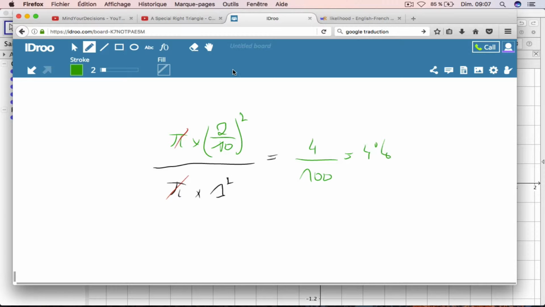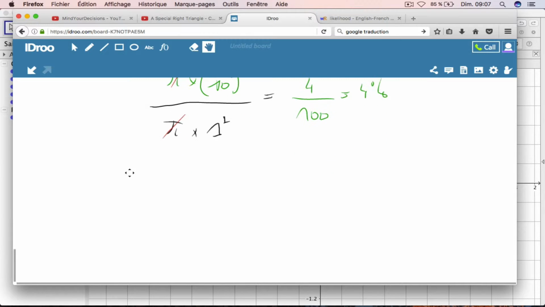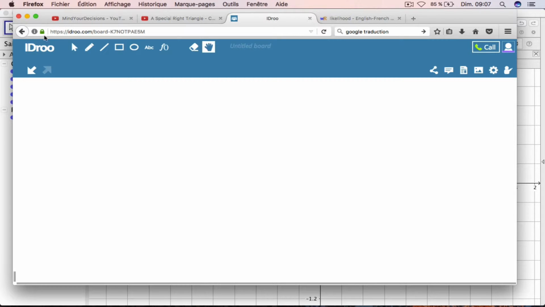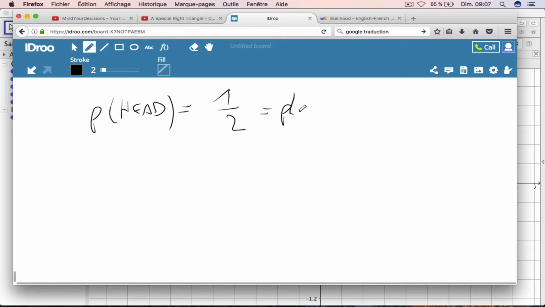Let's assume we have a coin, and we know that we can have head and tail with the same probability. The probability to have head is 1 over 2, the same as the probability to have tail.